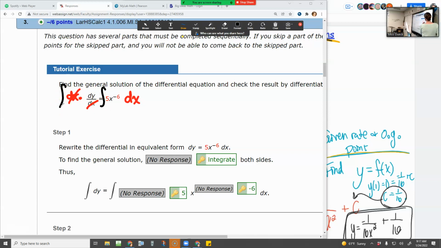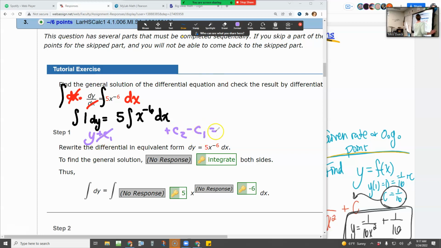But when you're looking at the integral of dy, remember it's the integral of an understood 1 dy. That 5 can be thought of separately, like a constant multiple. I'm going to do a power rule here, and then the integral of any constant is going to be just the variable being indicated, which in that case is just y. I could put a plus c1 and have another plus c2, and then move that over here to be a c3.